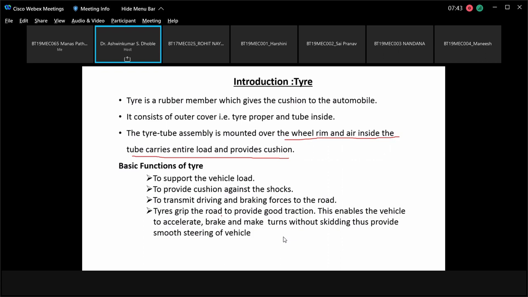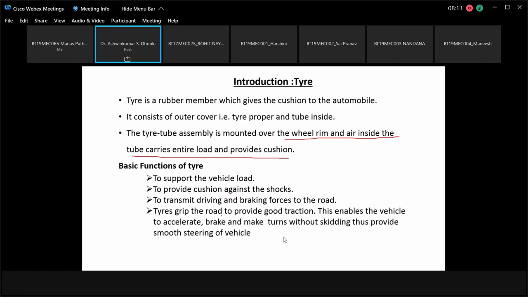The other components of the vehicle are important, and in that series we have seen that wheel alignment was another aspect of the vehicle. Before that we saw the vehicle defects, which we need to remove. After removal of the vehicle defects, we have to concentrate on the wheel alignment, and now after wheel alignment you have to concentrate on the tire, because tires have a wide variety.